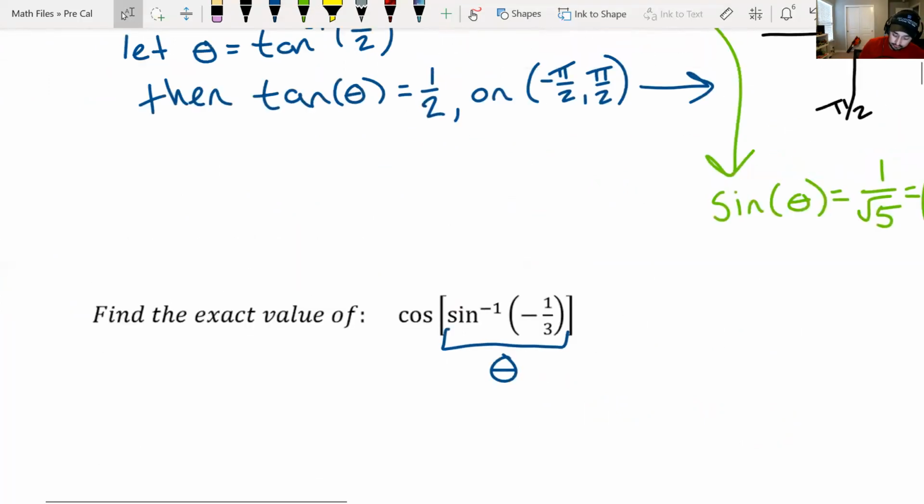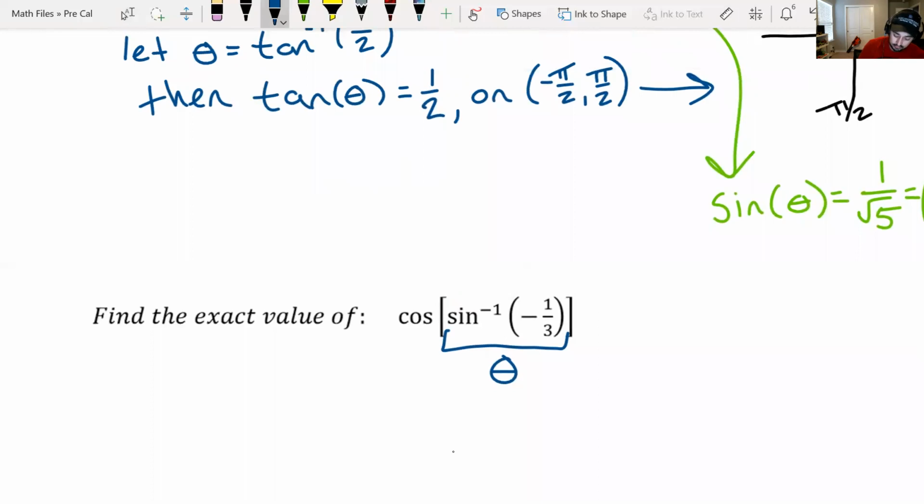So let theta equal the inverse sine of -1/3.